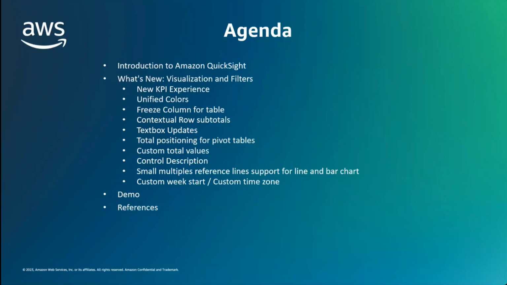We'll dive deep into showing you how we have added the contextual row subtotals for pivot tables. Some textbox updates. We'll go through some of the flexibility added on the total positioning for pivot tables, and also the custom total values that provide different aggregations on the subtotals and total levels.